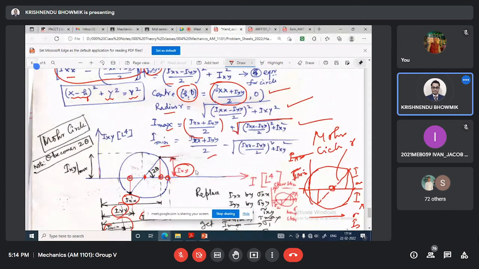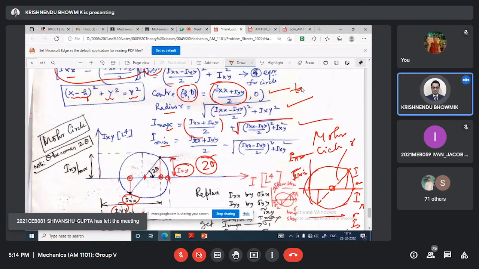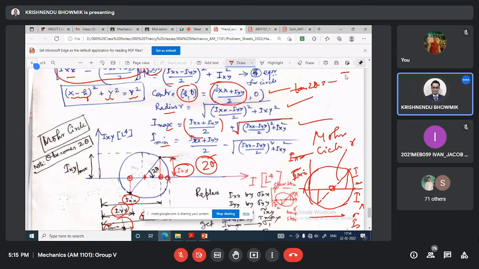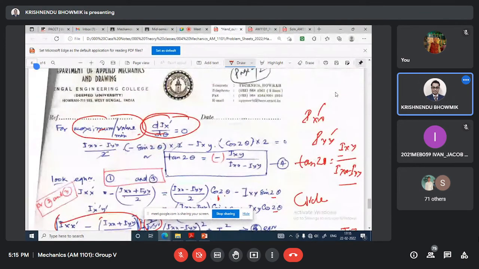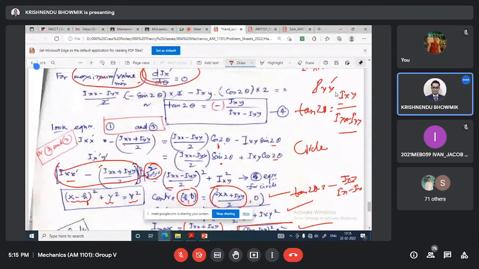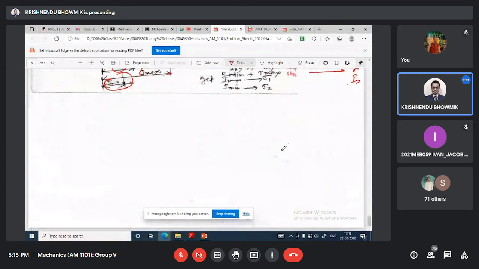What is 2 theta here? Tan 2 theta, from the geometry of the circle also, you can write minus Ixy by (Ix minus Iy) by 2. Let me see. Wait, one expression, let me cross verify it.